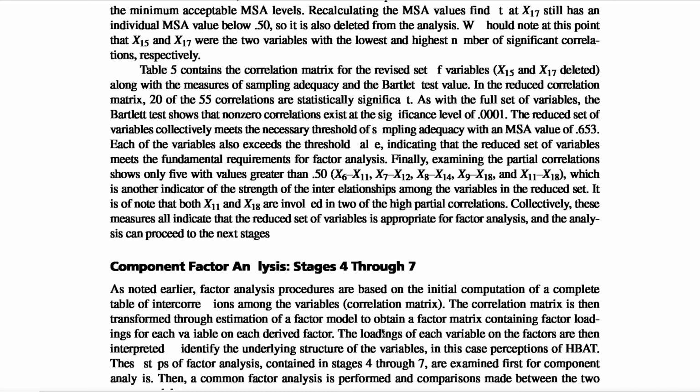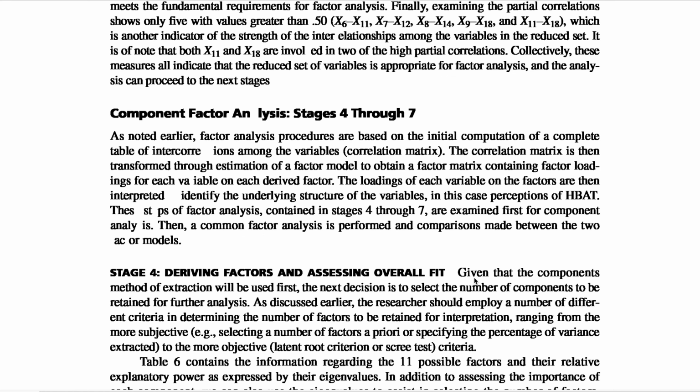Let's talk about the component factor analysis, stages 4 through 7. As noted earlier, factor analysis procedures are based on the initial computation of a complete table of intercorrelations among the variables, the correlation matrix. The correlation matrix is then transformed through the estimation of a factor model to obtain the factor matrix containing the factor loadings for each variable.